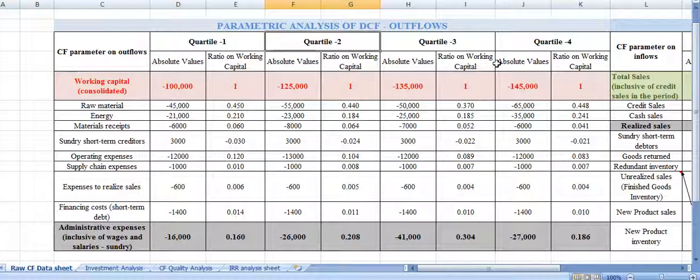And the bandwidth of fluctuation is far more critical for our analysis than any other parameter or variable, primarily because this bandwidth of fluctuation would give us an insight into the level of uncertainty in predicting the outflows, or for that matter the inflows as well.